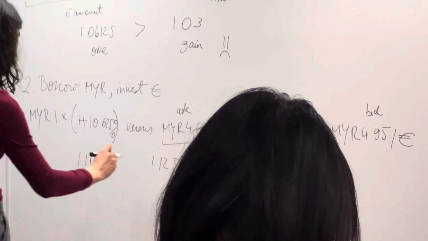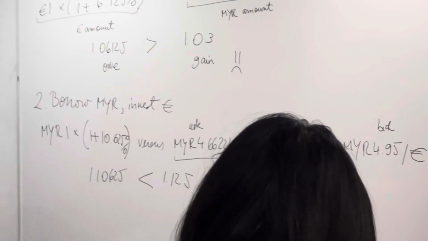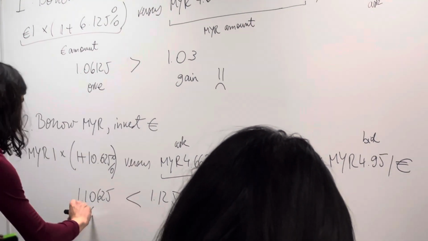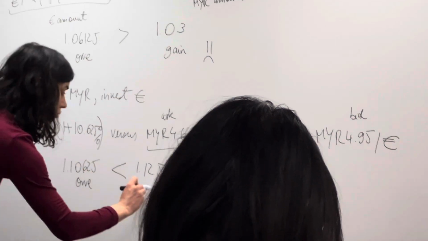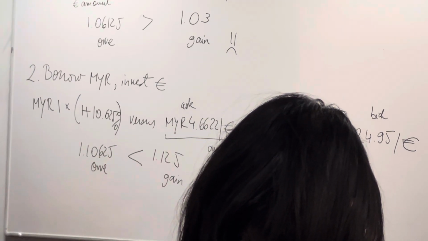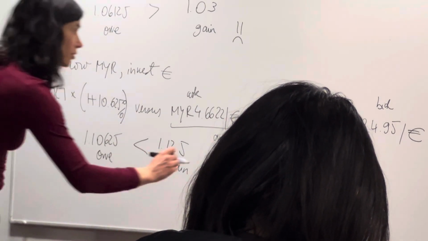So this is bigger. So this is what we owed from borrowing. This is what we gained from investing. Profit. So is this good or bad? Yes, so this is profitable.